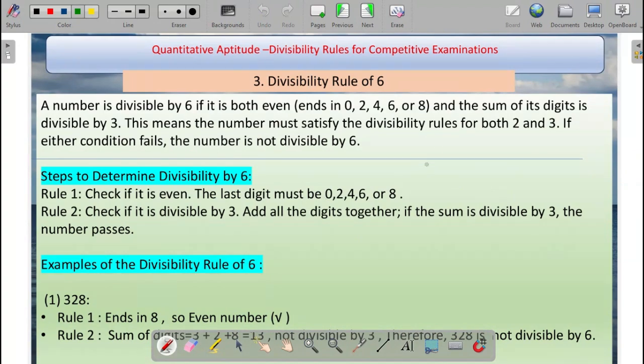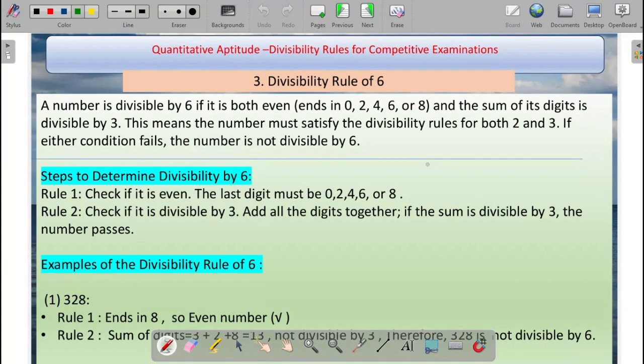Divisibility rule of 6. Now we will discuss the divisibility rule of 6. A number is divisible by 6 if it is both even, ends in 0, 2, 4, 6 or 8, and the sum of its digits is divisible by 3.